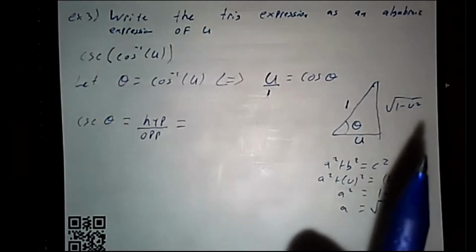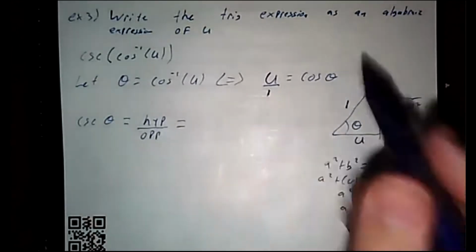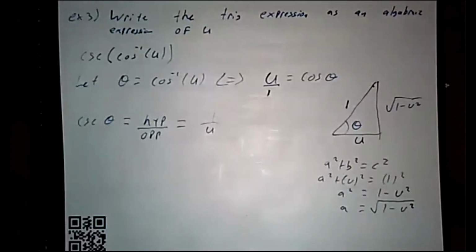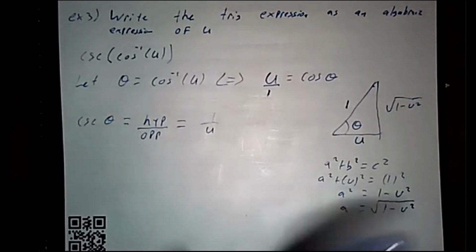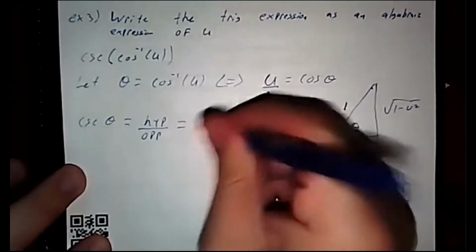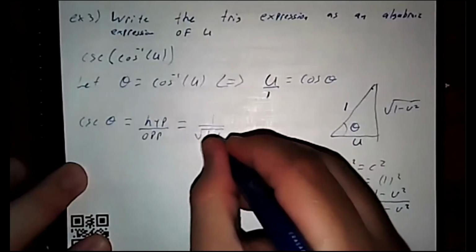All right. So the answer for cosecant would be hypotenuse over opposite, right? Wait, that's not opposite. Opposite is the square root of 1 minus u squared.